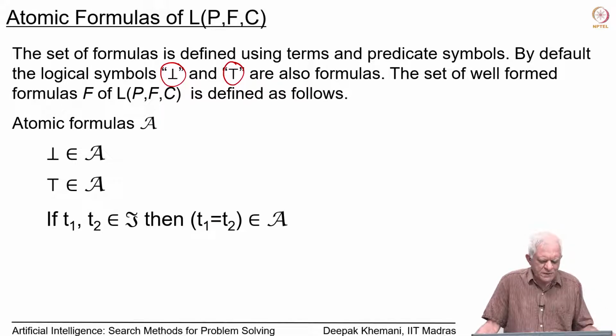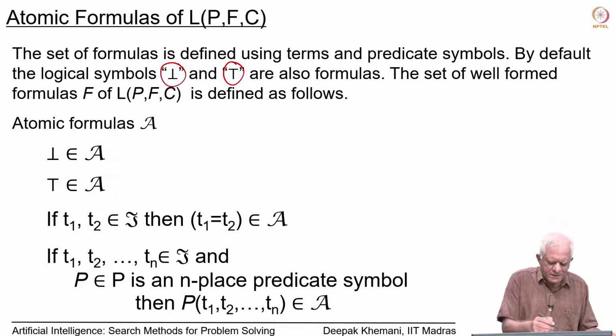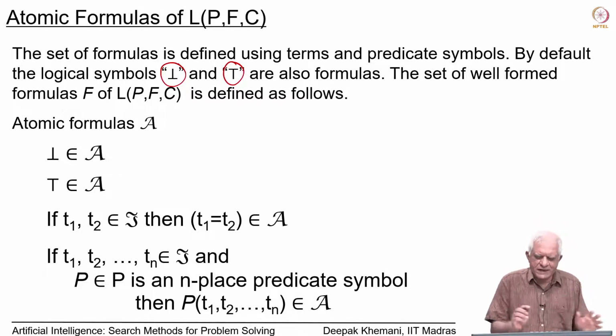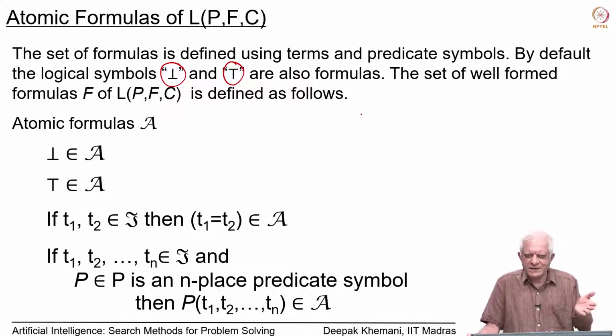So, bottom and top are atomic formulas, and we have a notion of a term. A term basically stands for an element in the domain. So if there is a domain we are talking about and you have some element, it can be either a variable or a constant or an output of a function. Output in the sense it can be denoted by a function.